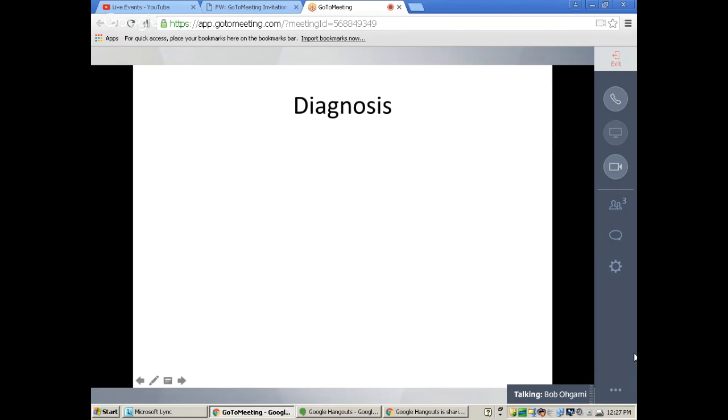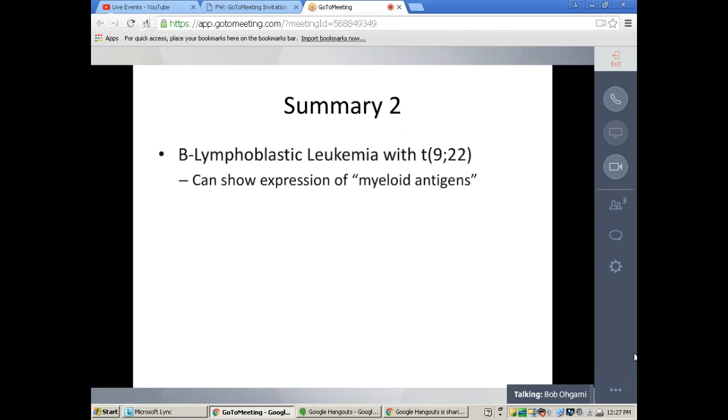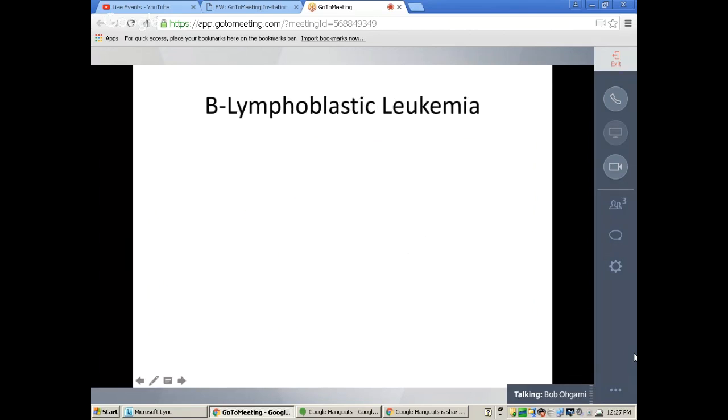And so the diagnosis here is really straightforward using this roadmap: B lymphoblastic leukemia with the 9;22 translocation. So the summary from the case is B lymphoblastic leukemia with the 9;22 translocation, and it can show expression of myeloid antigen.